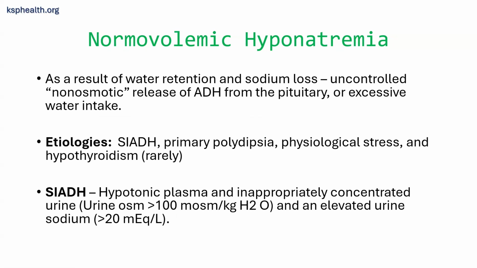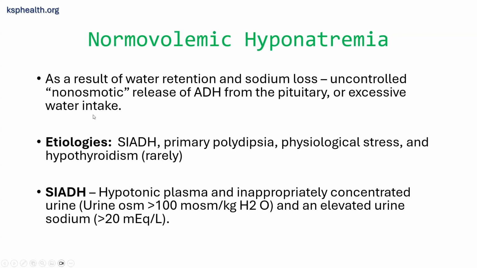Most of the time, physiological stress, pain, and usage of medications which we commonly use, especially on med-surg floors, like morphine, that promotes the release of ADH from the pituitary, and or excessive water intake. Most of the time, it is because of non-osmotic stimuli for ADH release from the pituitary.